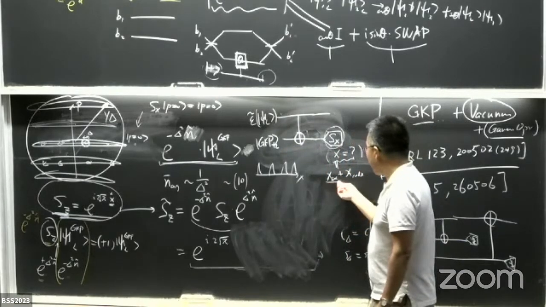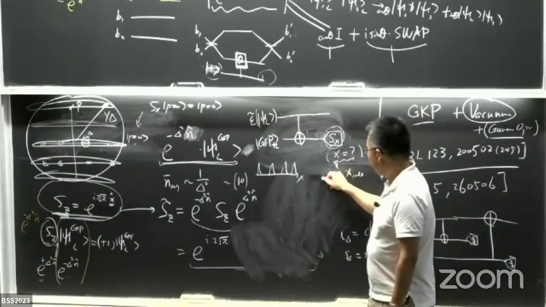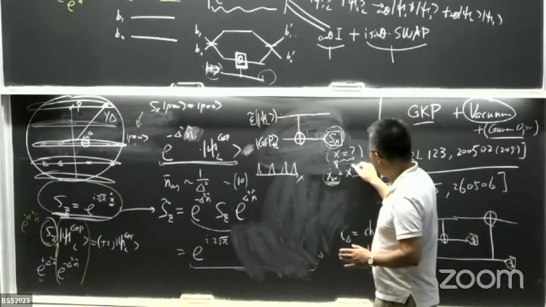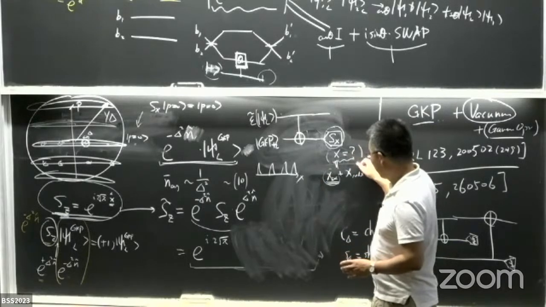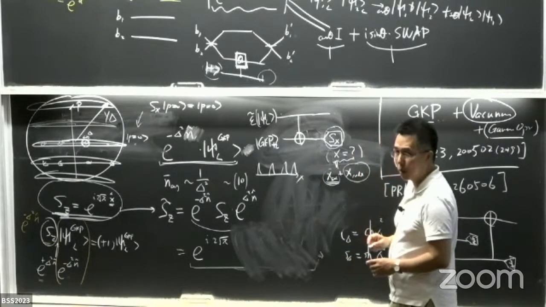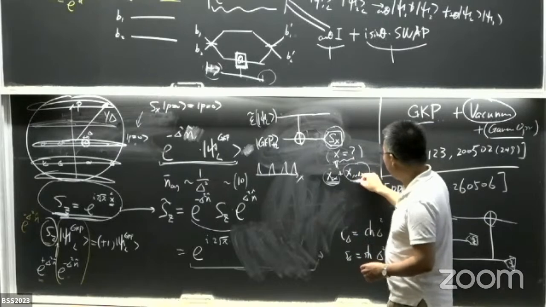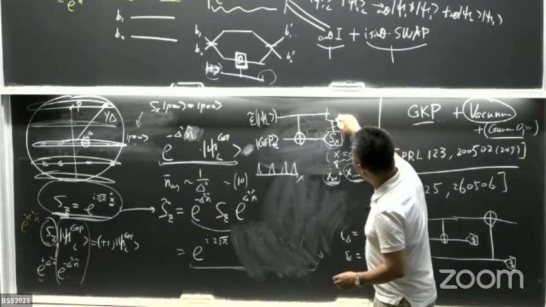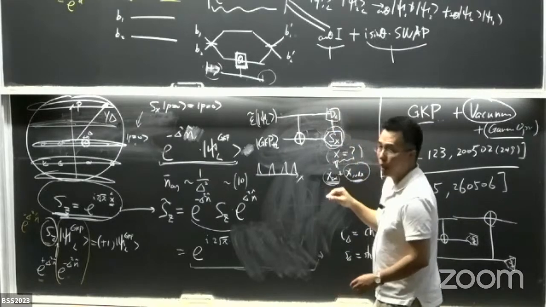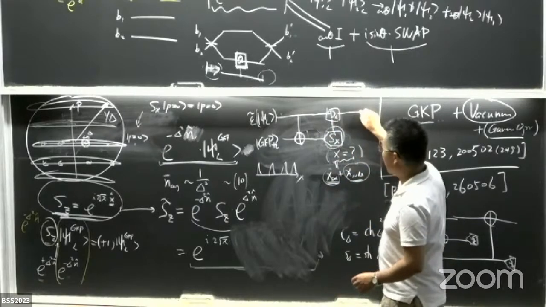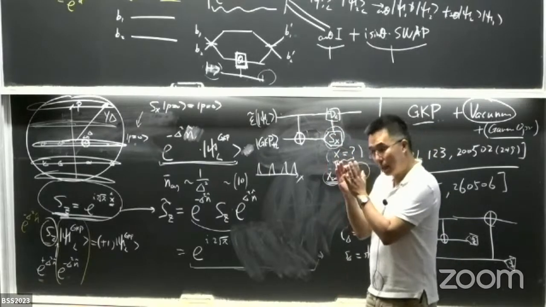But I know the ancilla is perfectly prepared in some discrete lattice. So if there's any deviation from the discrete lattice, it has to come from the code word. That is where I can know what the value is, and feed back by making some displacement along X. That's a way to correct random displacement along the X direction.